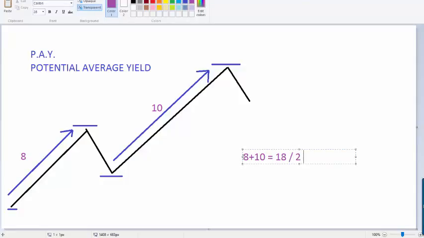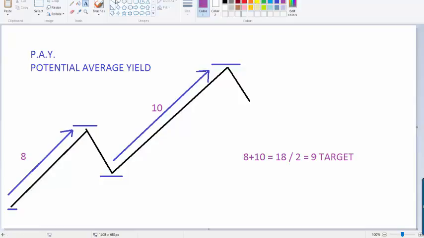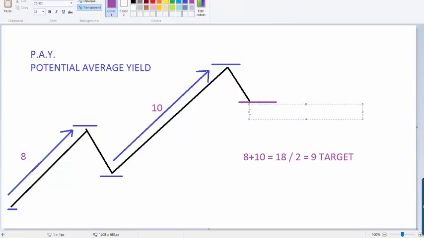Divide by 2, and that's your $9 target. Now to set the pay, you don't take it from the current price. You've got to find the swing low. You add pay, and that will get you your target.